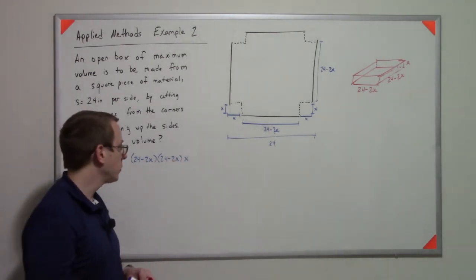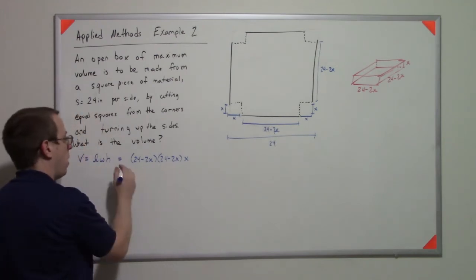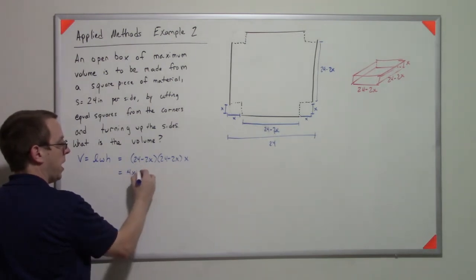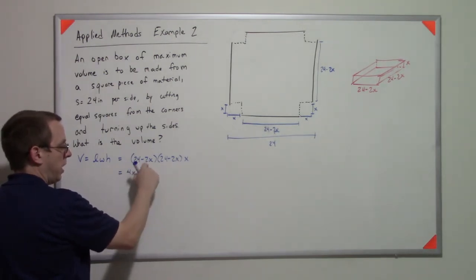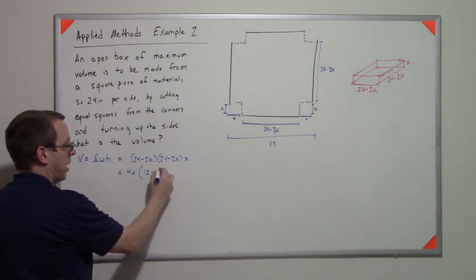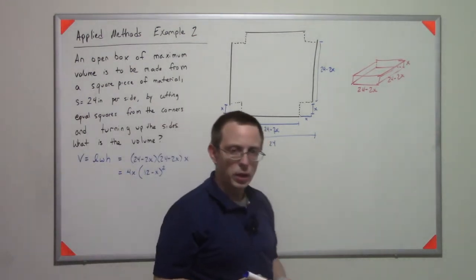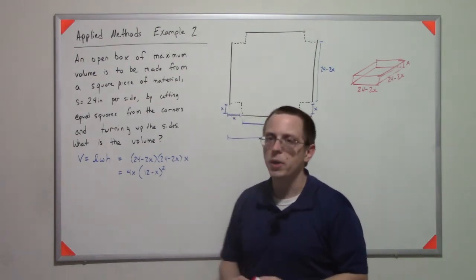Okay? Now I can factor out a 2 from this one and a 2 from that one, so I can get a 4. Let's pull the X to the front, and that will become 4x times (12 minus x) squared. And that is one way to do that.